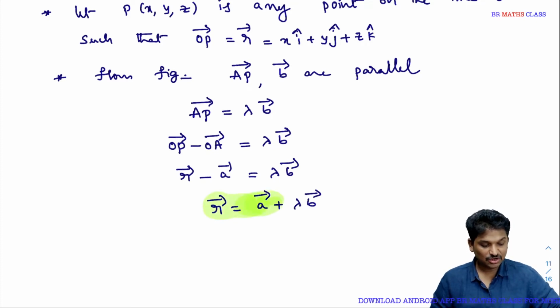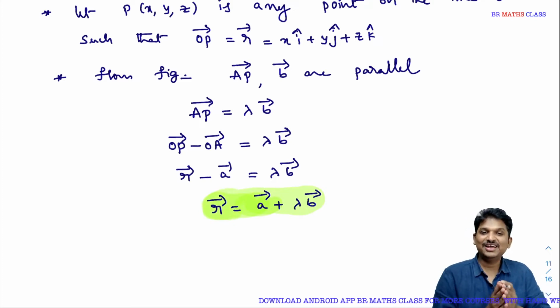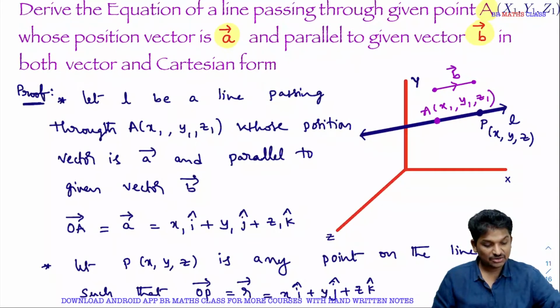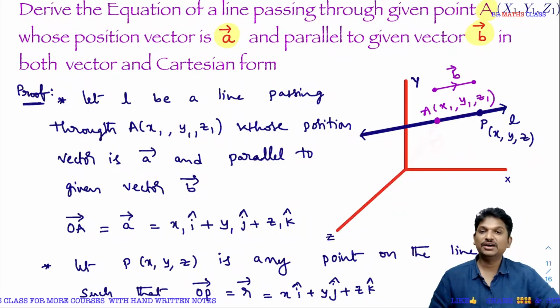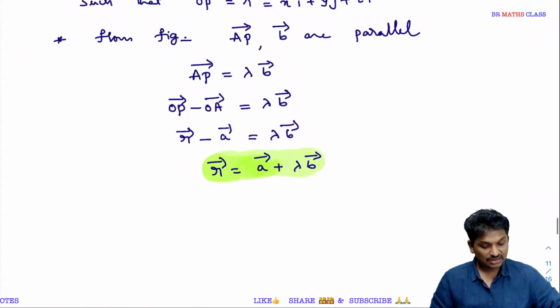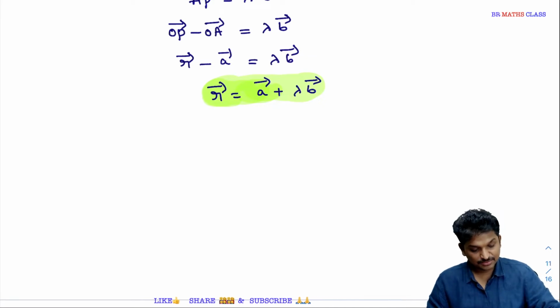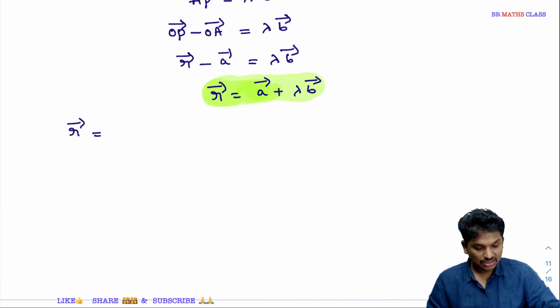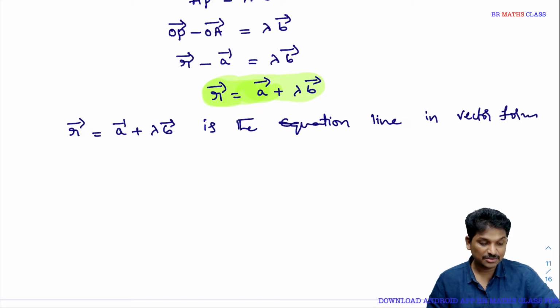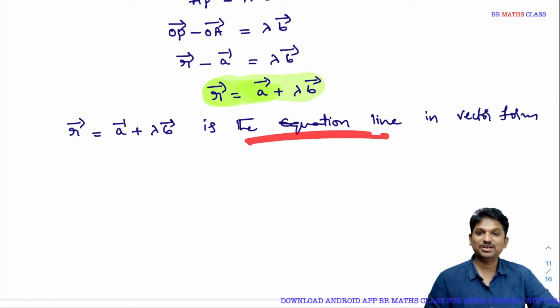R bar equals A bar plus lambda B bar. This is the equation of a line in vector form, the equation of a line passing through point A, whose position vector is A bar, and parallel to the vector B bar.